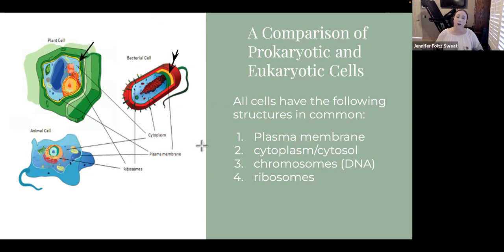It occurs under the cell wall. And in an animal cell, it is the blue structure that surrounds the cell. But all cells have a plasma membrane. Remember from your lessons on biological molecules that the plasma membrane is made of phospholipids. They belong to lipids.